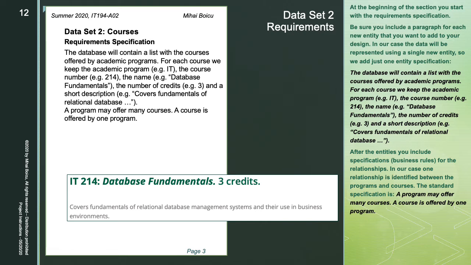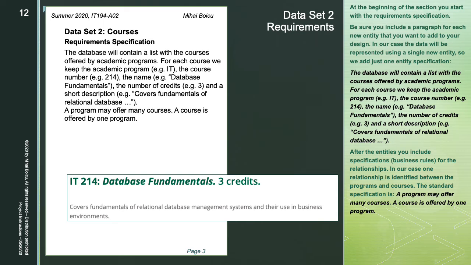The database will contain a list with the courses offered by academic programs. For each course, we keep the academic program, for instance IT, the course number, for instance 214, the name, database fundamentals, the number of credits, three, and a short description. Covers fundamentals of relational database management and so on.